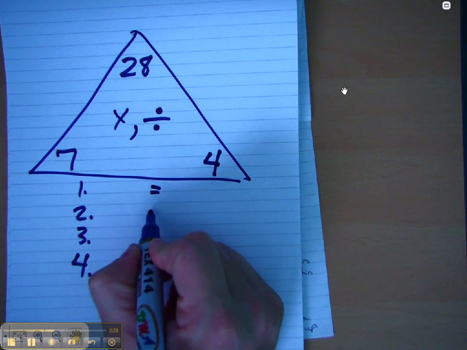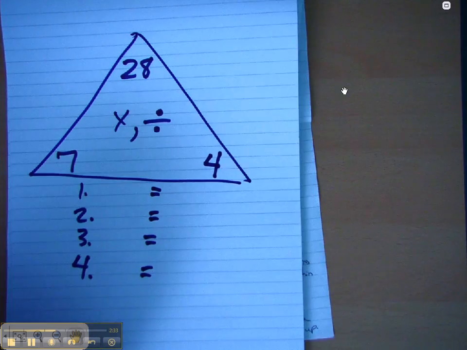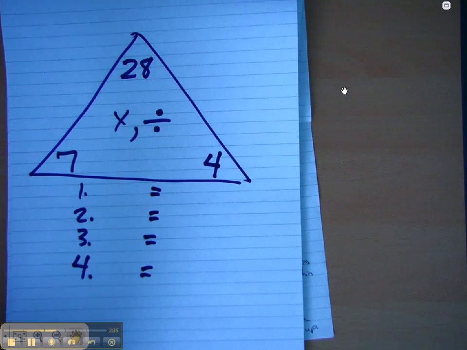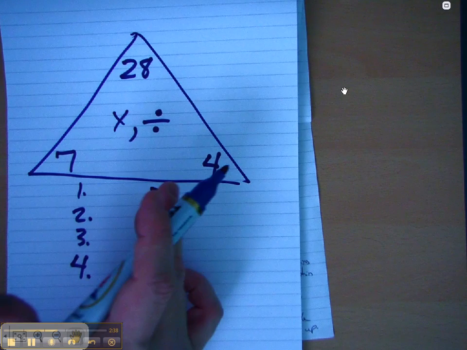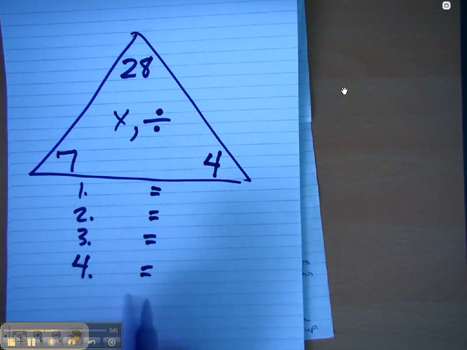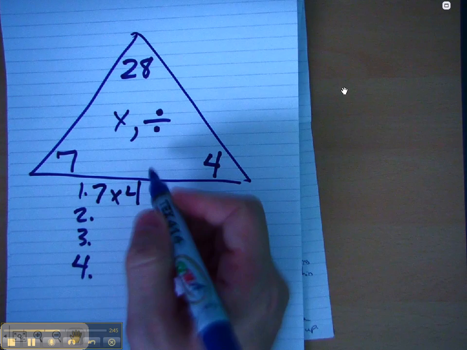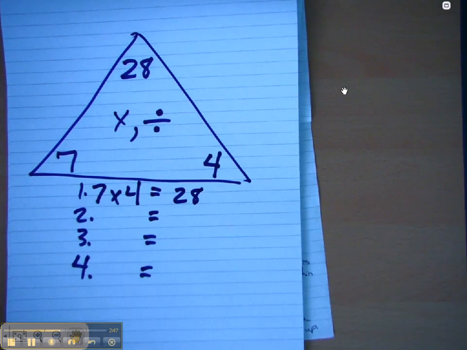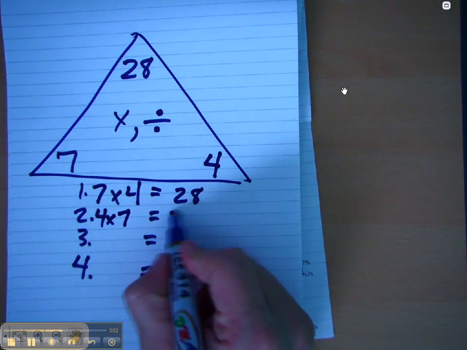So you just go ahead and put in your equal sign there. All right? Now, the trick here, the skill here, is to use all 3 numbers in one of these equations. And remember, there's 4 of them, okay? So we could do 7 times 4 equals 28, okay? We could also do 4 times 7 equals 28.